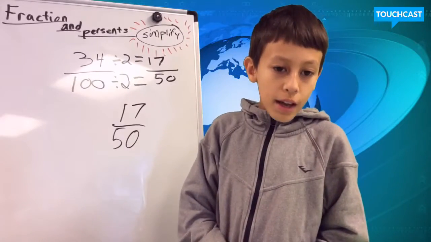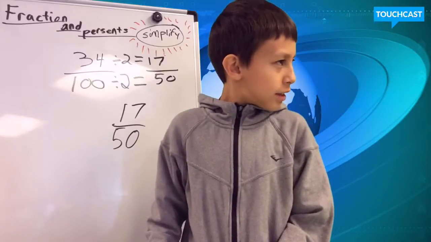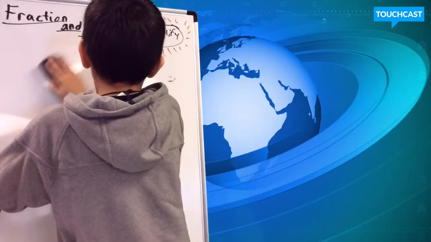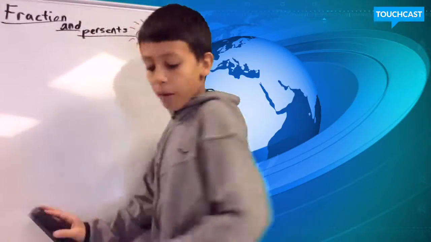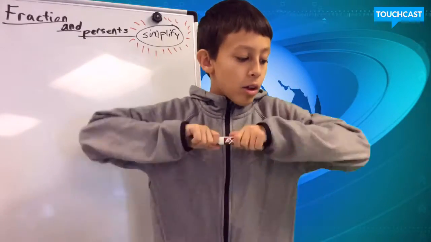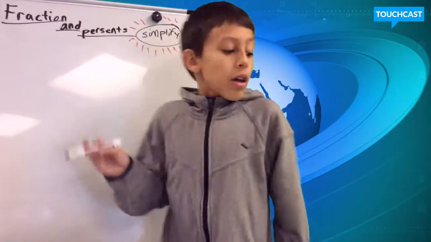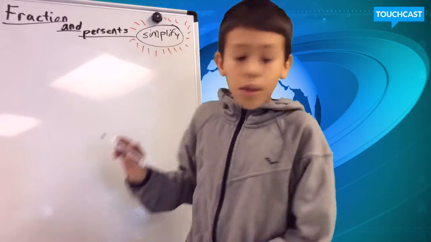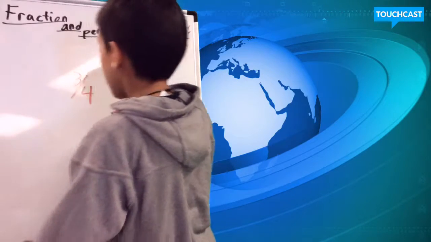So the next problem will be, how about 3 over 4? But how about we make it a real world problem this time? So the class got treats for being good. 3/4 of the class chose cookies.